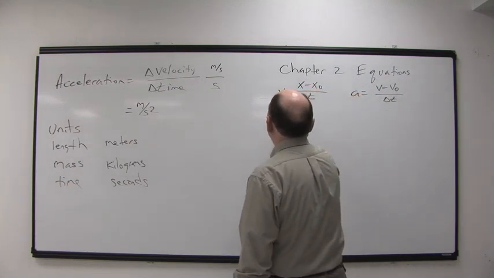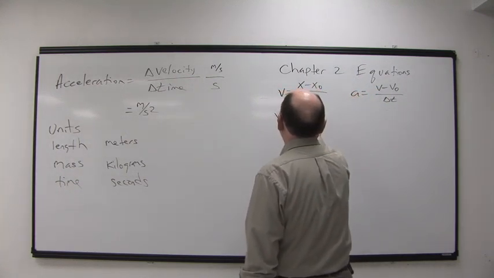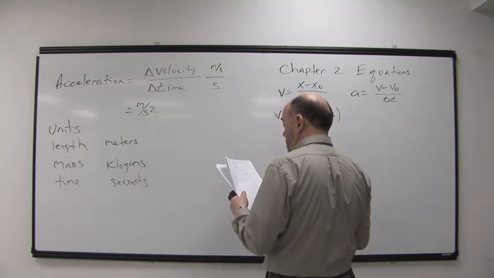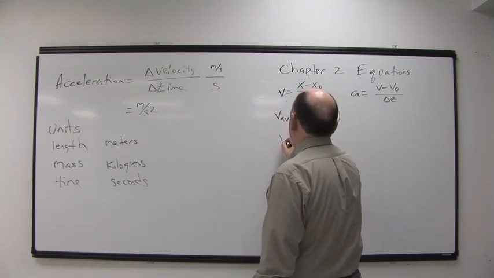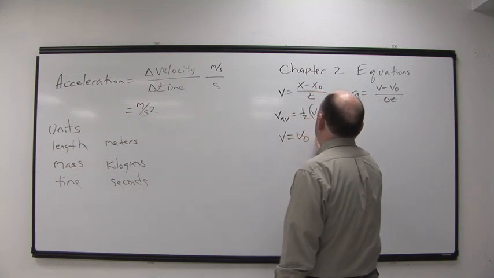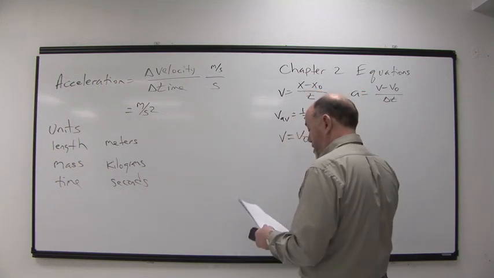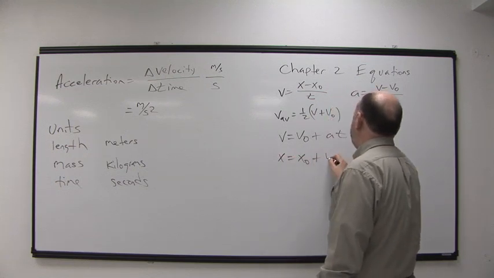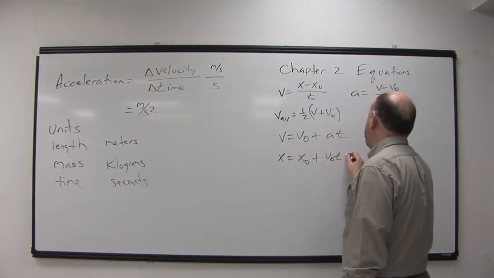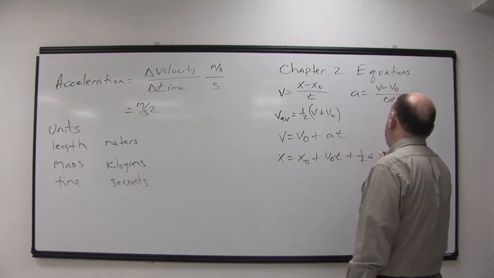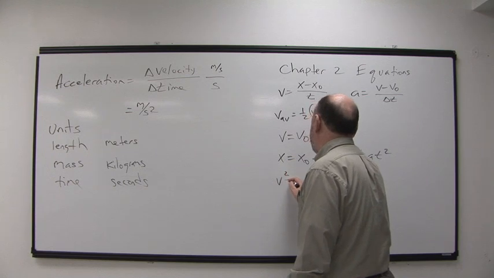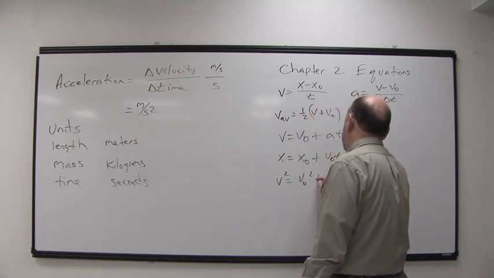The average velocity, which we had up earlier, which is going to be 1/2 (v plus v naught). And then v is equal to v naught plus at. x, the position, is equal to the initial position plus v naught t plus 1/2 a t squared. And then v squared equals v naught squared plus 2a delta x.